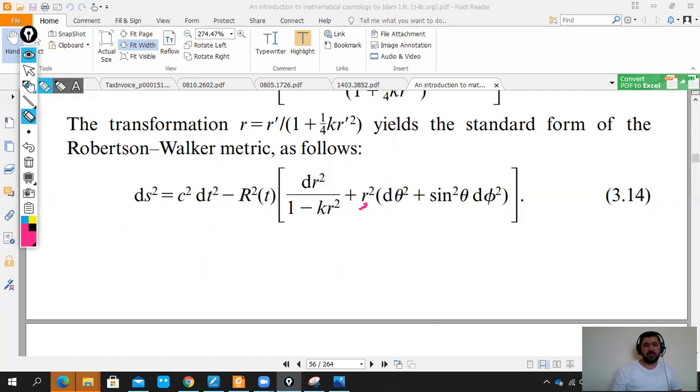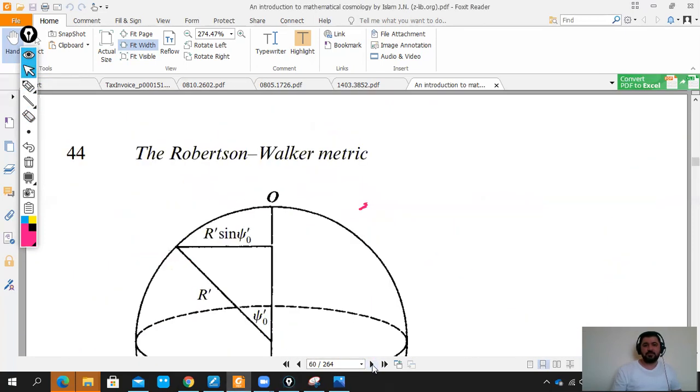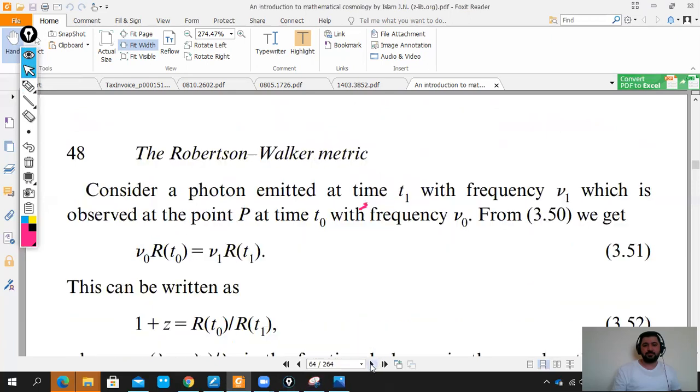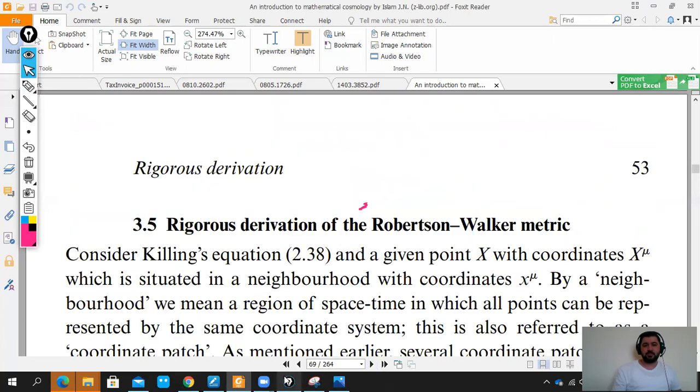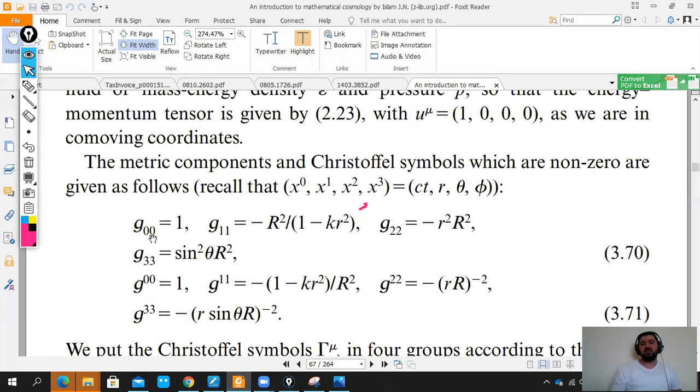So here we can find the components as follows. This is g00, which is 1, meaning we took c equals 1. g11 will take this form, then g22 and g33, and this is the inverse metric.